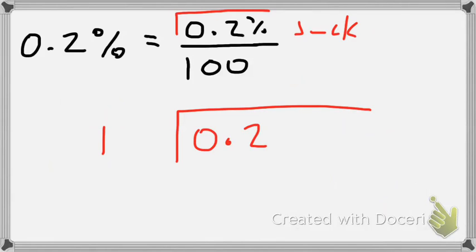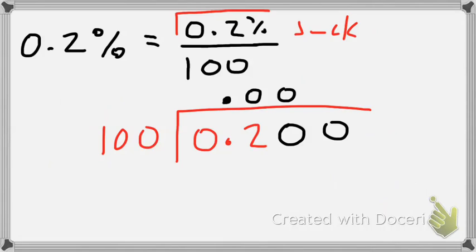And we're going to divide that by 100. Now 100 cannot go into 2, so we got a 0, and 100 cannot go into 20, so we add another 0. So 100 into 2 goes 0, 100 into 20 goes 0, 100 into 200 goes 2.